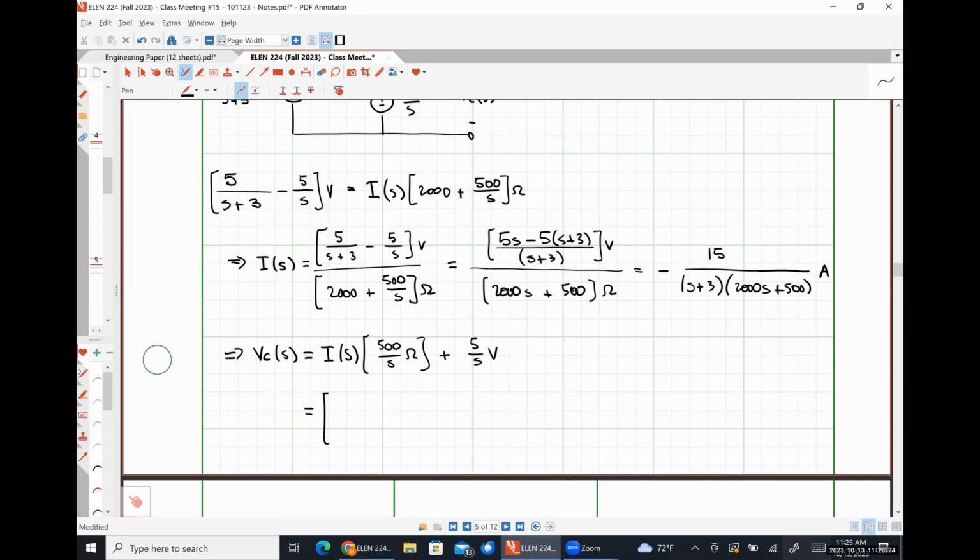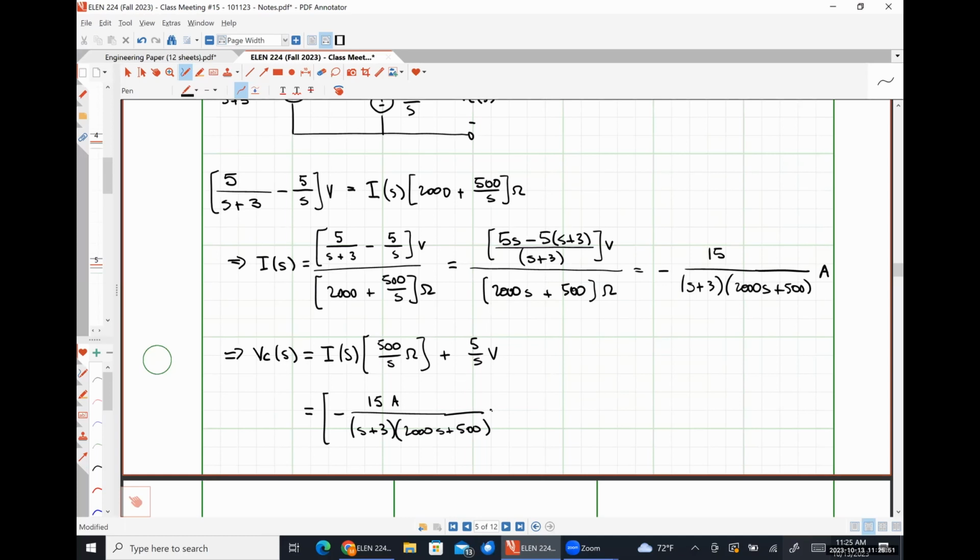So negative 15 amps divided by S plus 3 times 2000S plus 500.